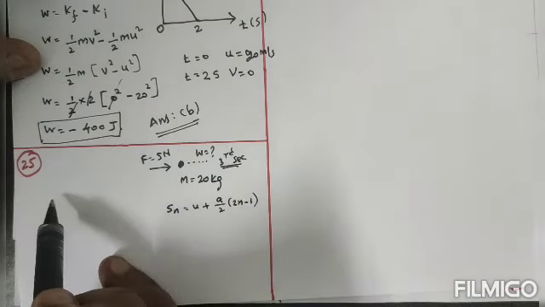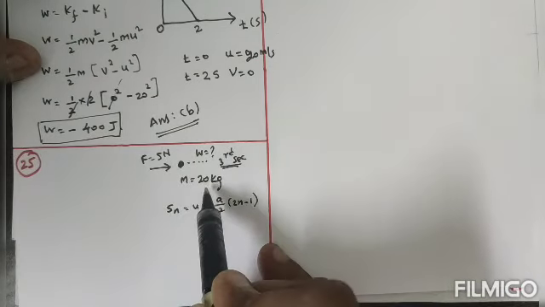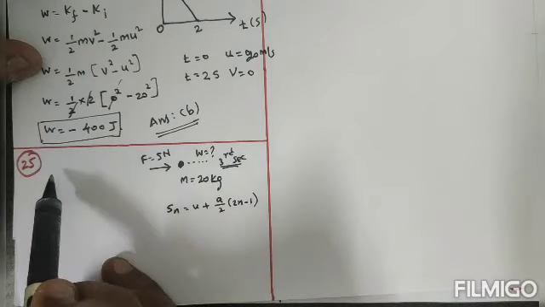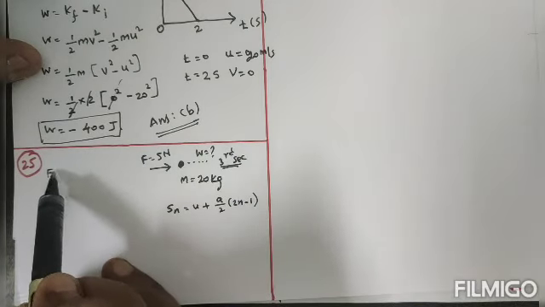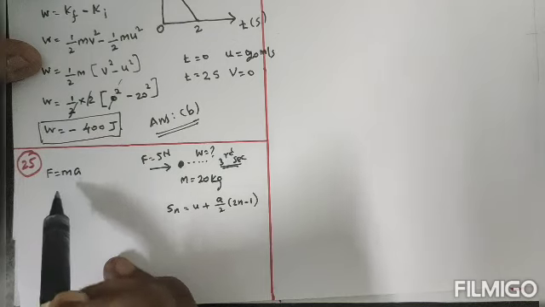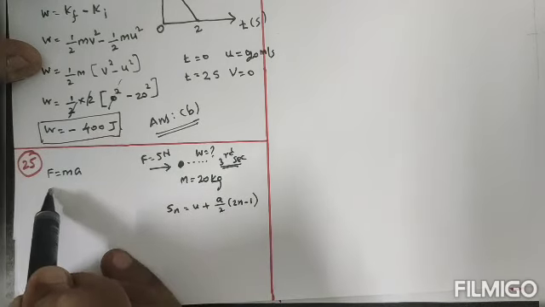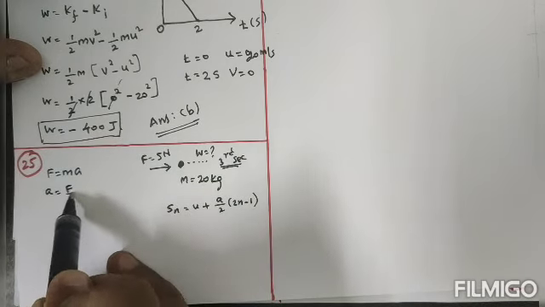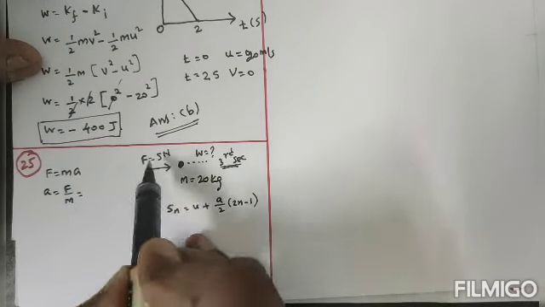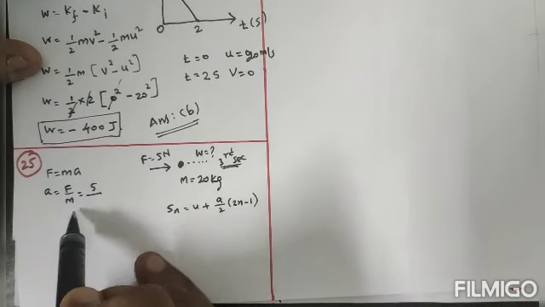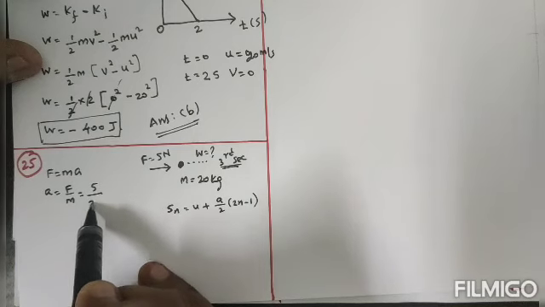In this question, force is there and mass is there, so we can easily find the acceleration. We know the formula, F is equal to ma. Therefore acceleration is equal to F divided by m. F is the force, 5 Newton, divided by mass, 20 kilogram.